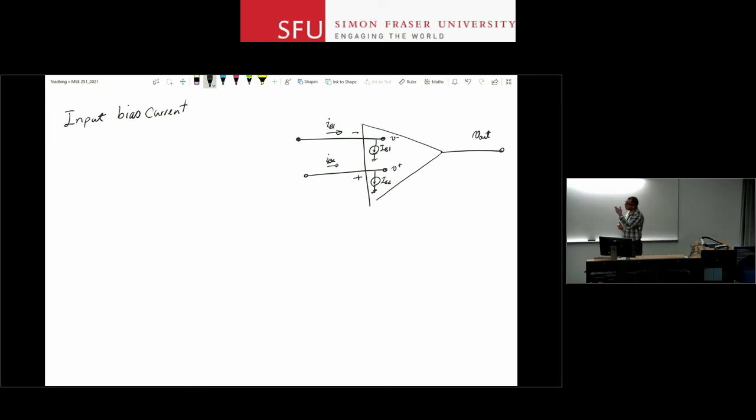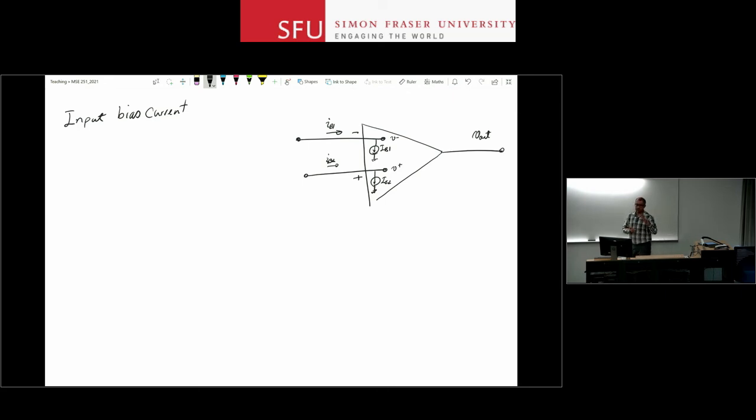We have two different ones, one for each input. In most cases, you can assume they have relatively similar values. The direction of the current is not random. It depends on the input stage that you choose. For example, if you have NPN transistors at the input, IB goes in. If you have PNP transistors, IB comes out. The values are very close, but there could be a little bit of difference between them.